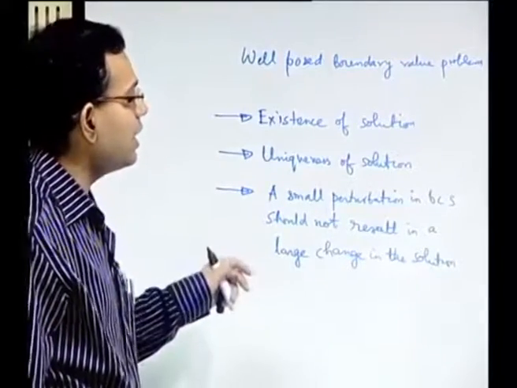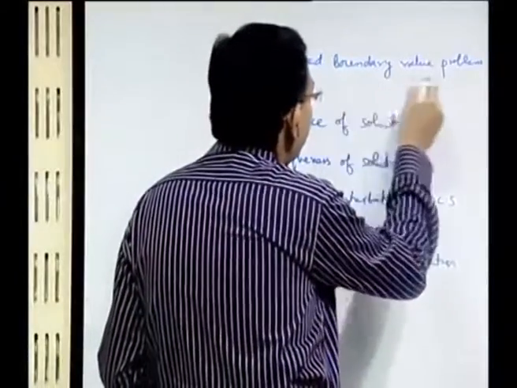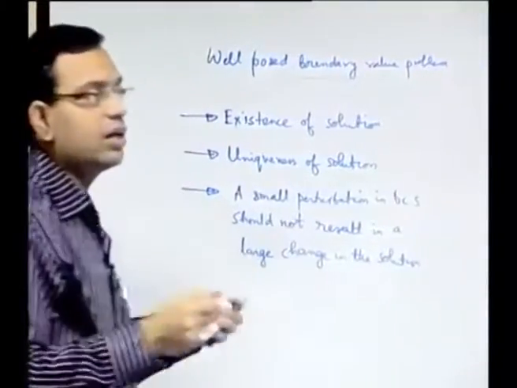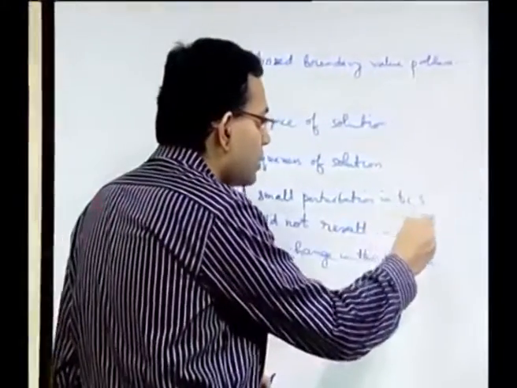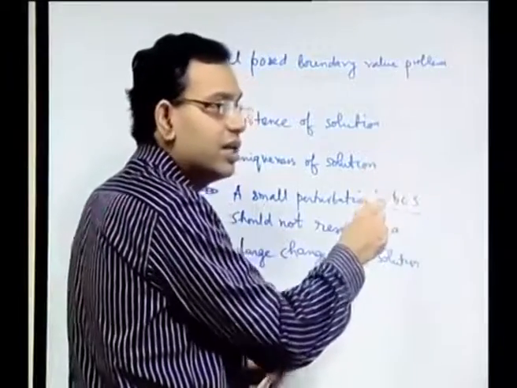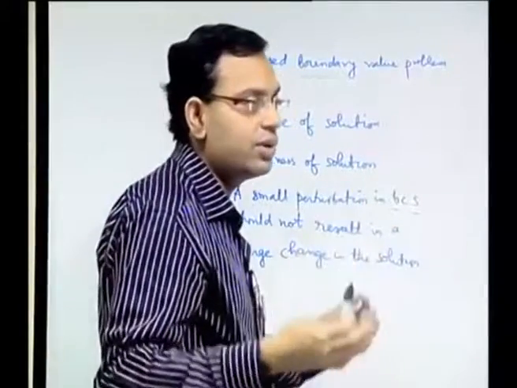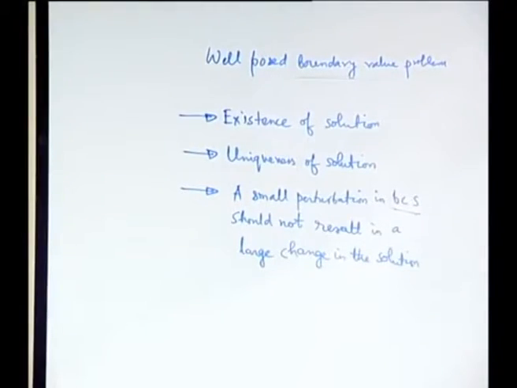The other important characteristic, of course, if it is a boundary value problem, is that its boundary conditions are to be well posed. So then the question comes of small perturbation in the boundary conditions. First the boundary conditions have to be posed, then of course you test for perturbations and so on. So what are the possible types of boundary conditions?